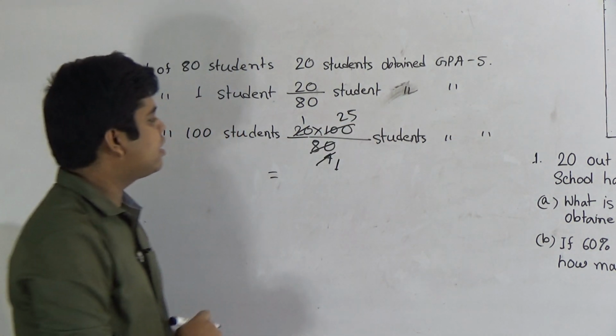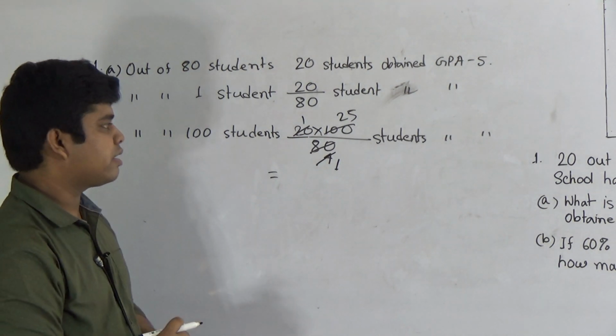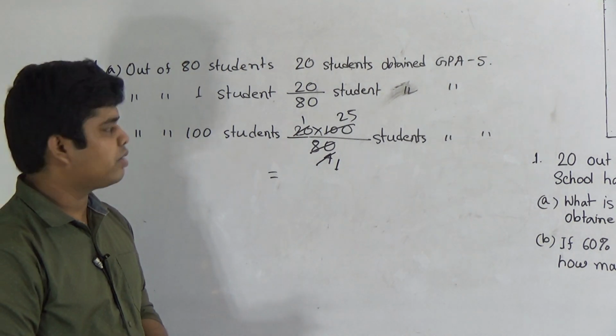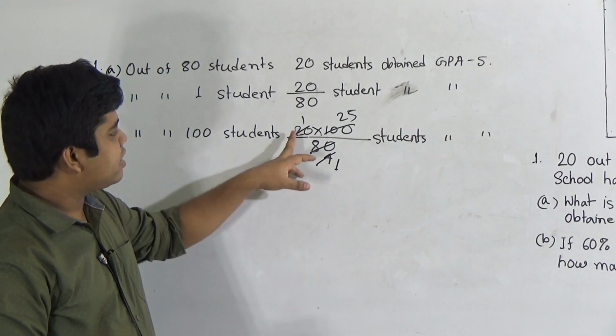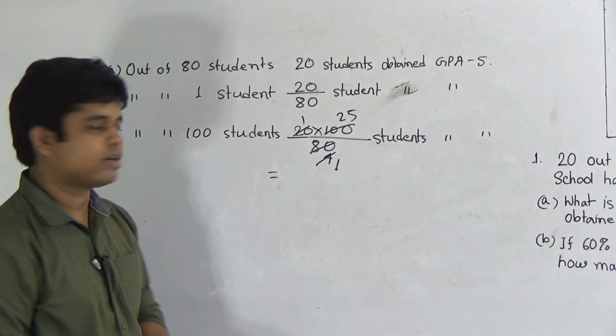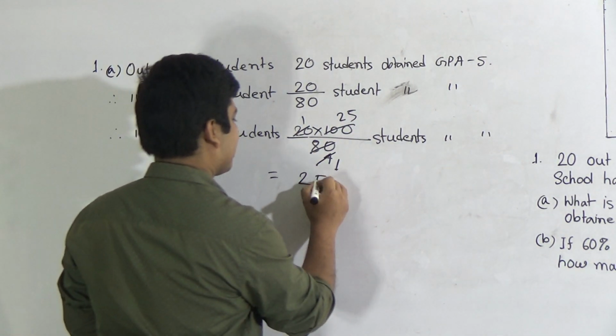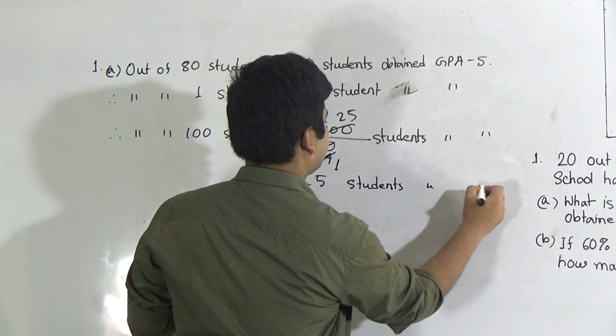So notice here 1 as a denominator, which is negligible, because we know that every number has a denominator which is 1. We need not write that, but as a numerator 1 and 25 are left. So we multiply these two numbers. 25 ones are 25 students obtained GPA 5.